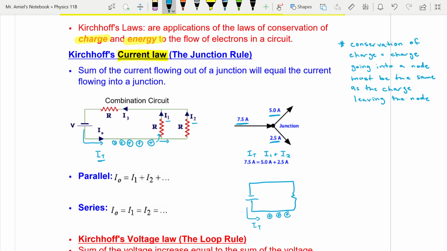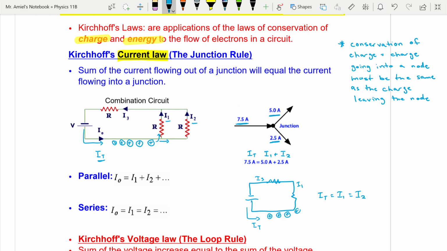Again, we can't create these things, we can't lose them, so the number before has to equal the number afterwards. So in this case, and we could even add another resistor here, and then we say, well, again, we can't change, so I3 has to be the same as well. So in this case, we would get I total must be equal to I1, which must be equal to I2.